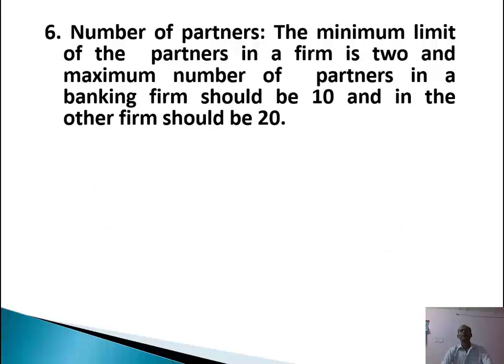Next, number of partners. As we have seen, the minimum members of the partnership firm is 2, and the maximum number of partners in a banking firm should be 10.